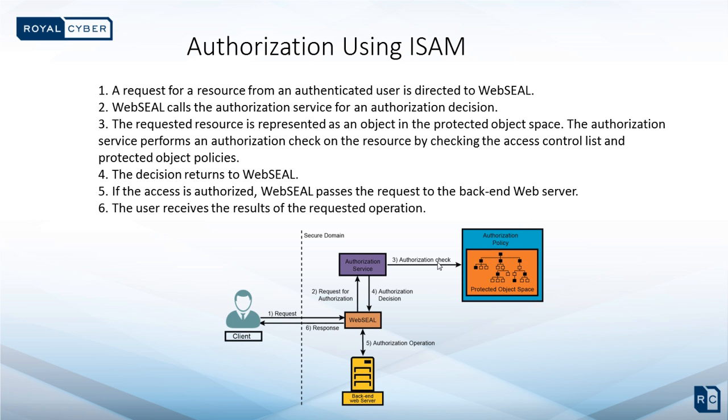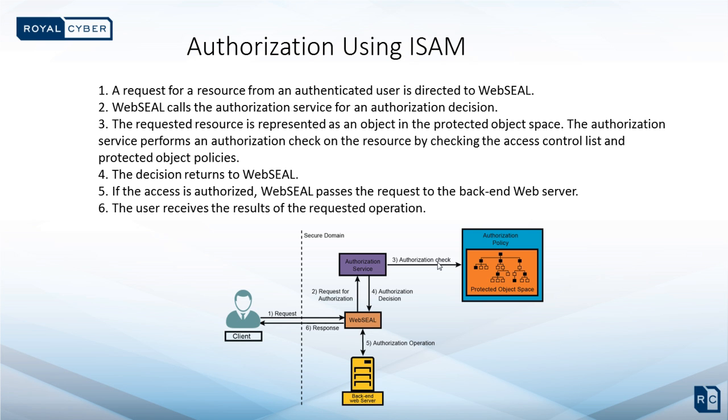And the next thing that comes into action after authentication is authorization. Basically, authorization is a process of determining whether or not to grant access to a protected resource. When the users are first authenticated and they request access via a WebSeal protected object path, this path determines that a specific resource is being accessed.